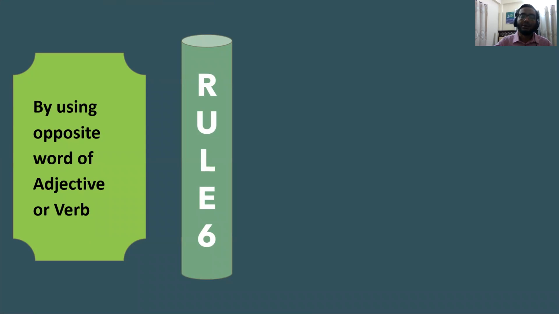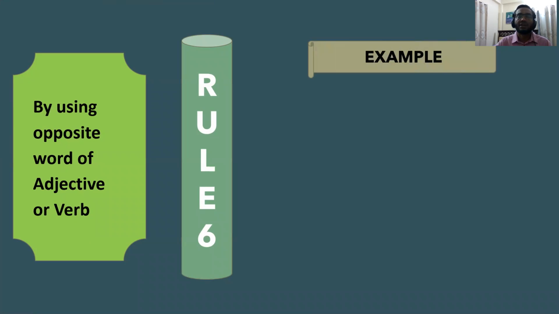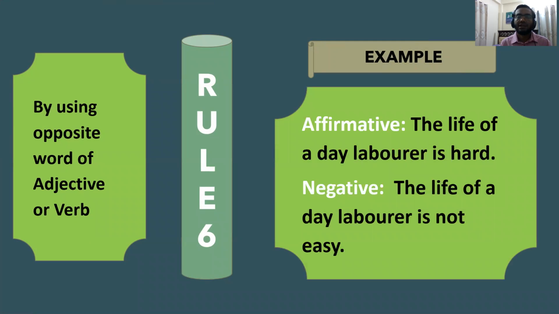Okay? Now, look at the example, please. Affirmative: the life of a day laborer is hard. And the negative sentence will be: the life of a day laborer is not easy. Opposite word: easy. Hard, easy. The opposite word is used. And before the opposite word, we use "not."